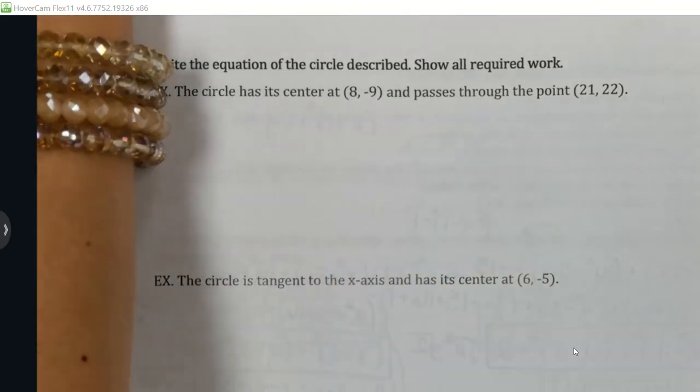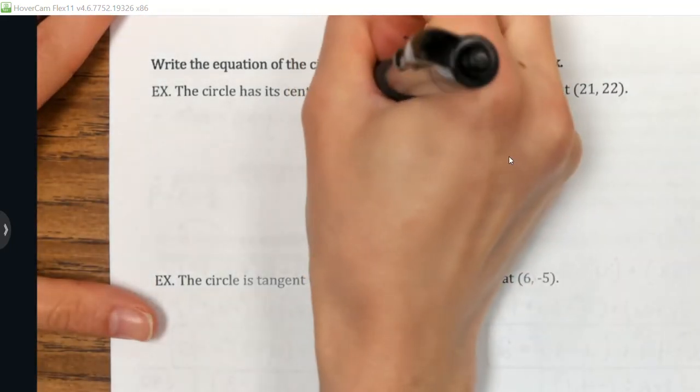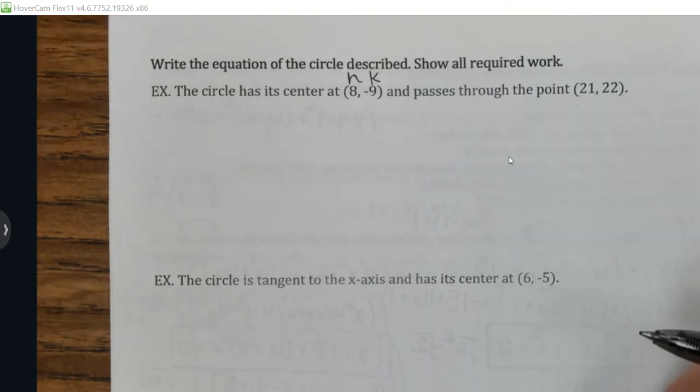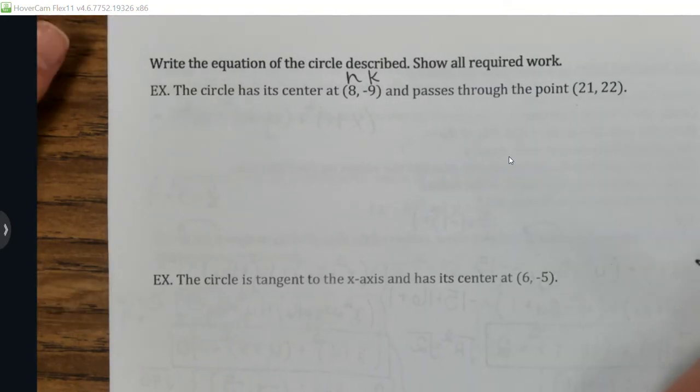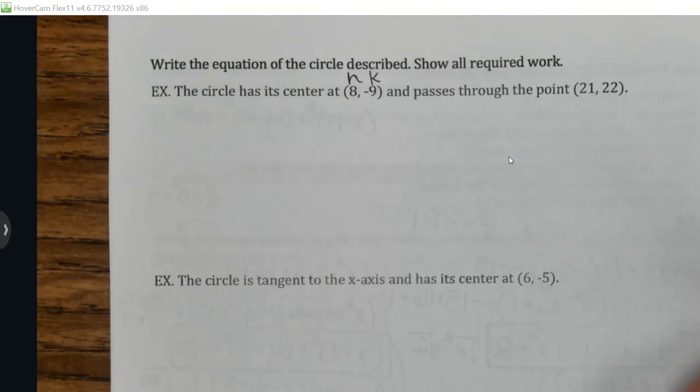All right, center h, k, passes through the point 21, 22. You can do this 2 separate ways. You can take the 2 points and use the distance formula. That gives you your radius.